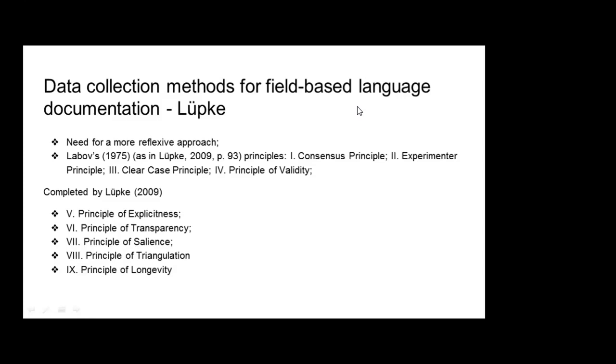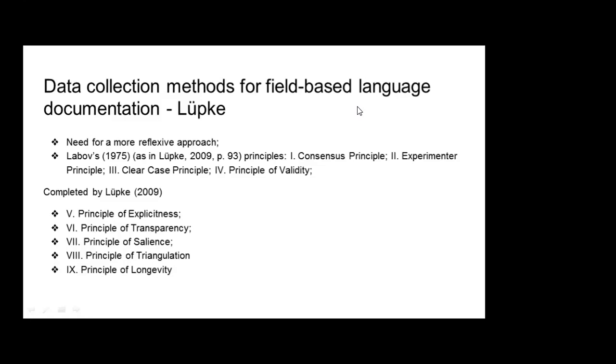So LING473 decided that in a modern period there should be other principles added, and he improved this list of principles regarding language documentation, and he added some interesting ones. So, for instance, as a continuation and as a fifth principle, he named it the principle of explicitness, and here he claims that the reason for choosing a particular data collection tool should be justified and documented.